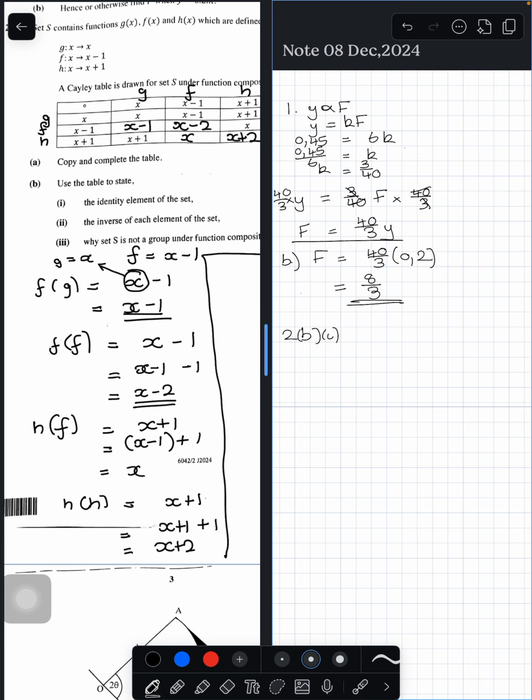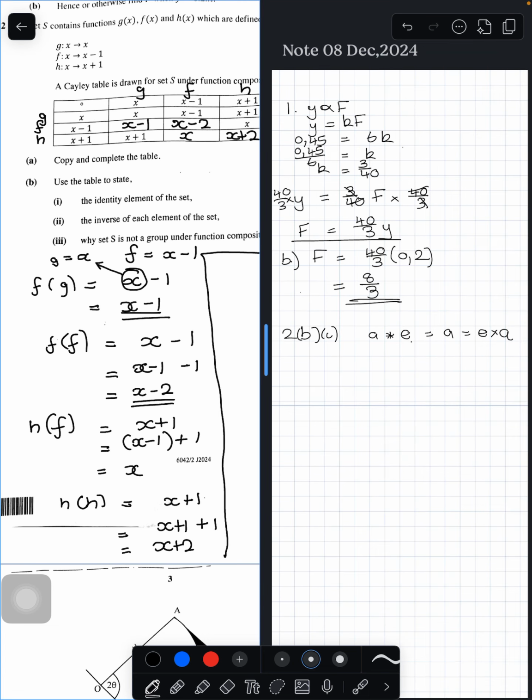The identity element does this: A star E is equal to A, which is equal to E star A. So suppose we have an element A. If A multiplies with identity element E, you are supposed to get A. Or even if the identity element multiplies with A, you're supposed to get A.